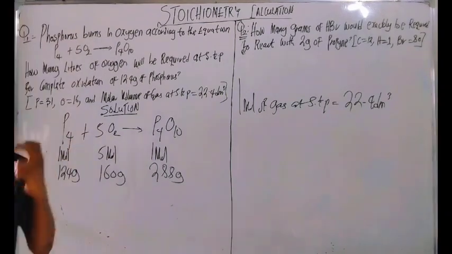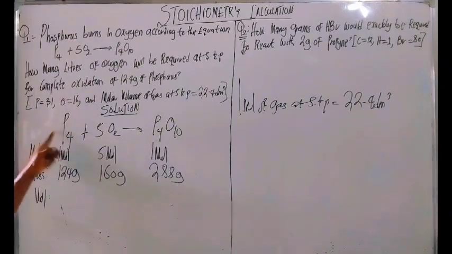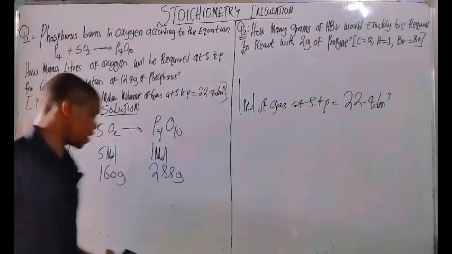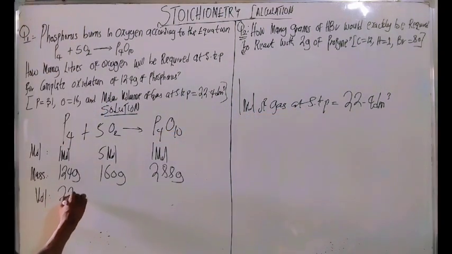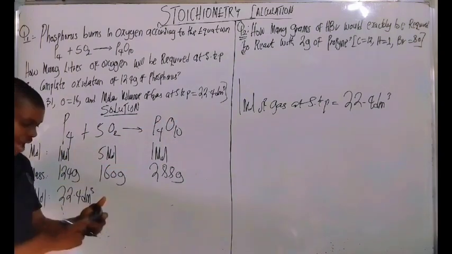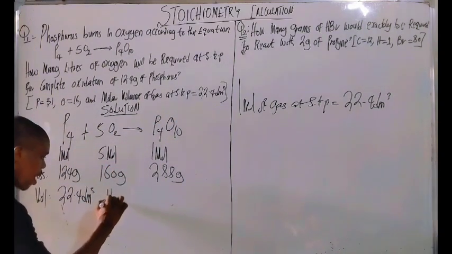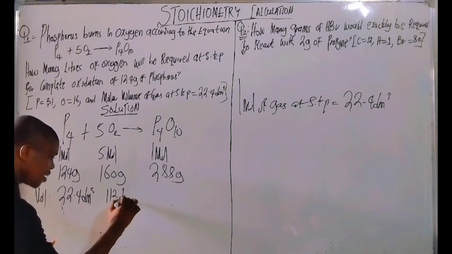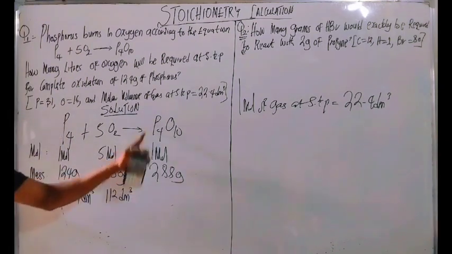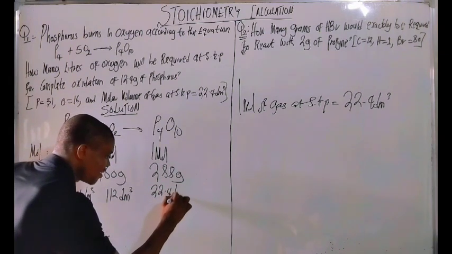Now, for the sake of this calculation, I'm going to do it for every single species here. How many moles do you have here? Here we have 1 mole. 1 times 2.4. Here I have 2.4 dm cube, right? Now here we have 5 times 2.4. Here we have 112 dm cube, right? Here we have 1 times 2.4. Here we have 2.4 dm cube.